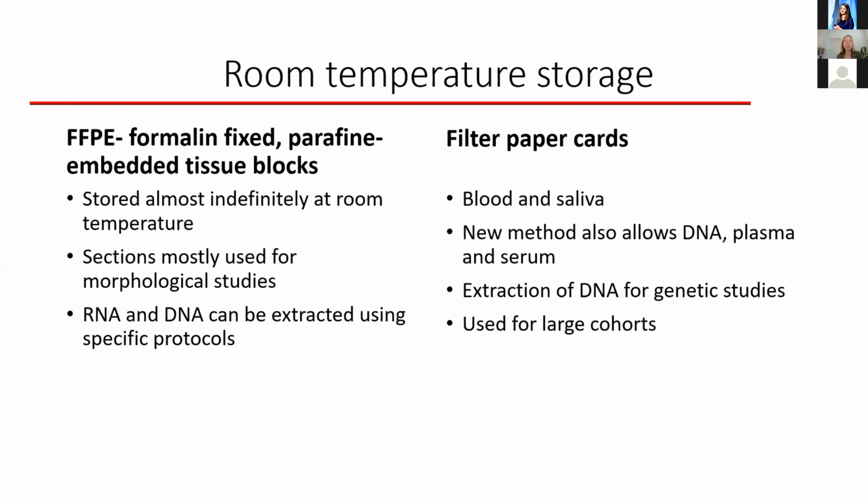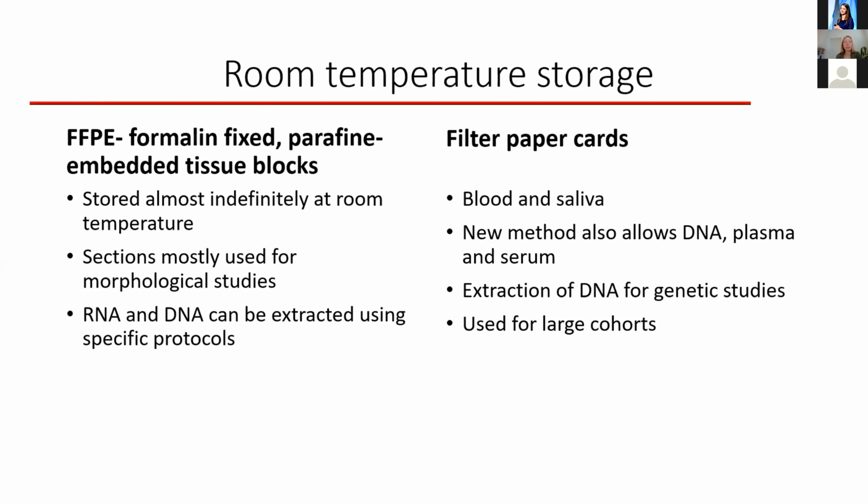Room temperature storage. That is used for formalin fixed paraffin embedded tissue blocks, which can be stored almost indefinitely at room temperature. These sections are mostly used for morphological studies. This is the oldest way of saving tissues.